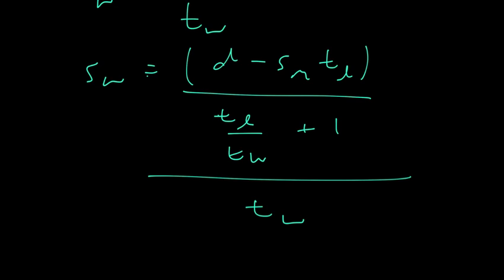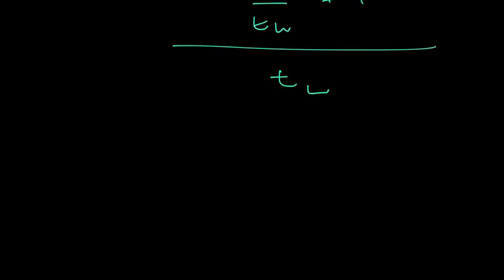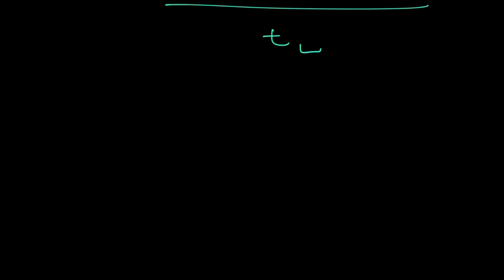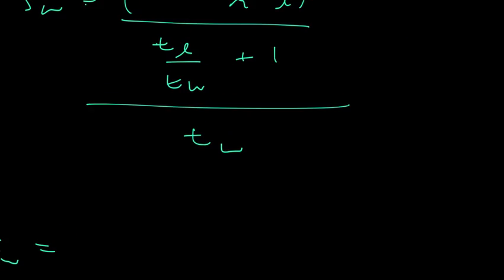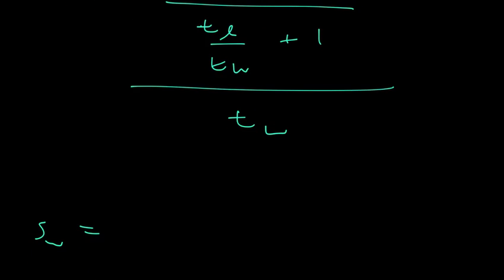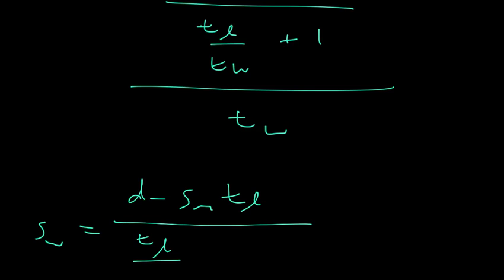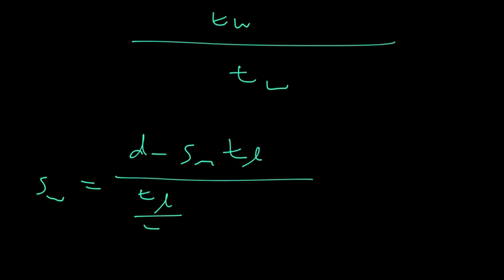Now this is a pretty ugly expression, so I'm actually going to go ahead and rewrite this as something else. I'm going to say that S_W is equal to D minus S_m T_L all over T_L divided by T_W plus 1, and that's going to be multiplied by 1 over T_W.